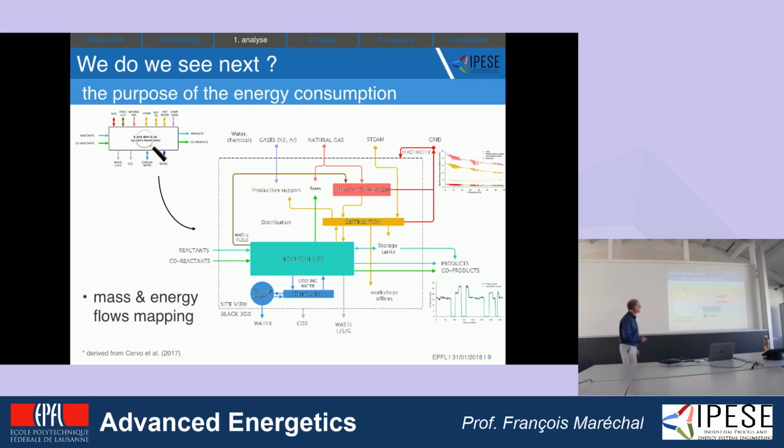And what I'm doing here is I'm going to write flows of how the energy is converted, perhaps how the energy is wasted, how the energy is distributed, for example, using steam or hot water network, how the electricity is used inside the system, and what I'm doing with waste, because I can sometimes convert waste into energy by burning it. Okay, and how I'm going to evacuate the heat of the process.